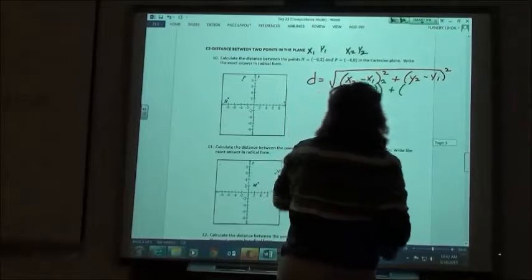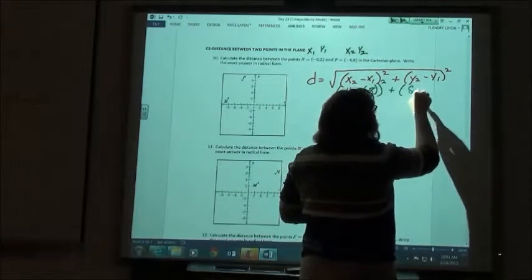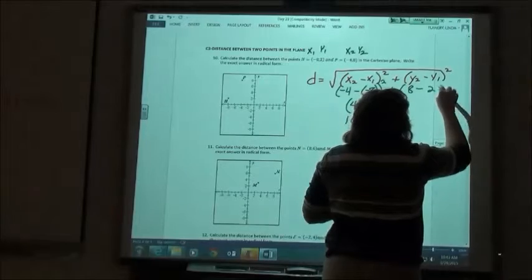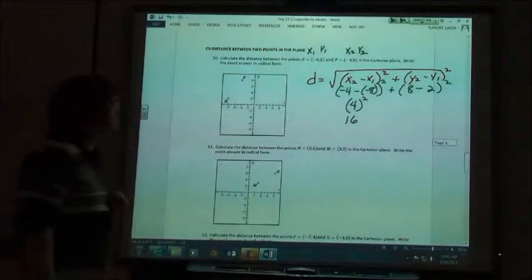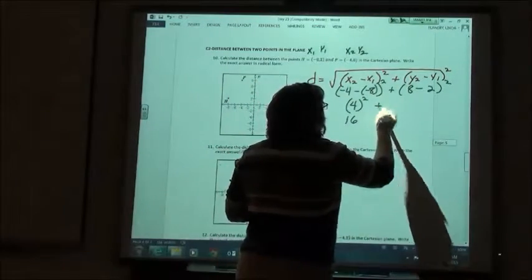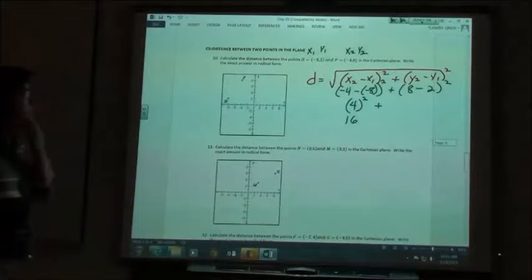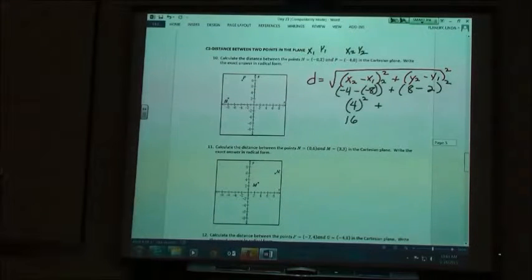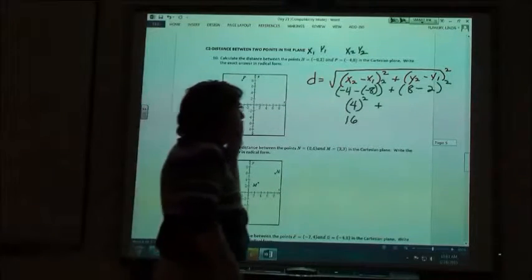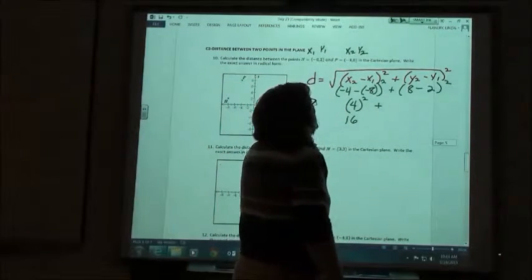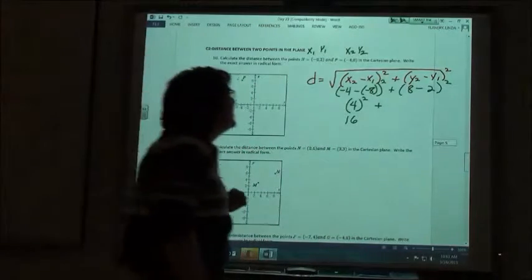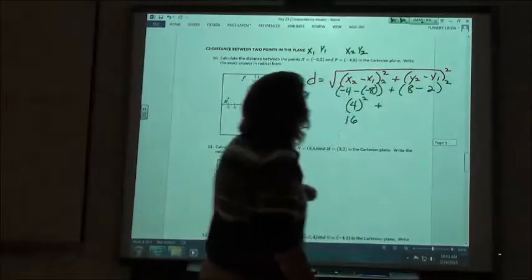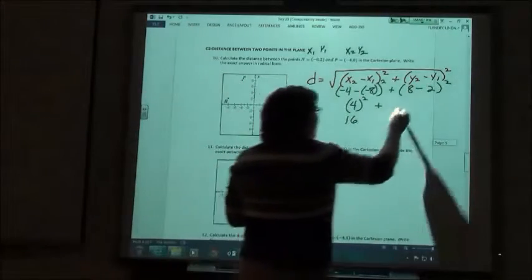So, y2 says it's 8, minus y1, which says it's 2. So I have 8 minus 2. We'll get to squaring, but we got to do 8 minus 2 first. 8 minus 2 is 6.